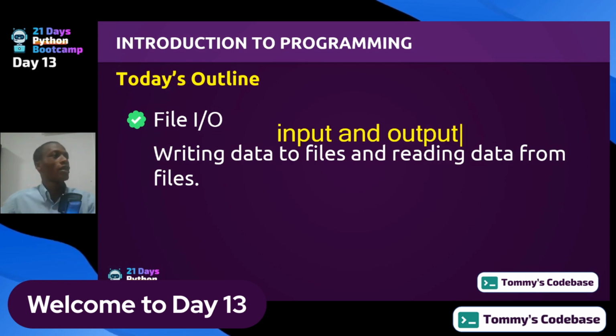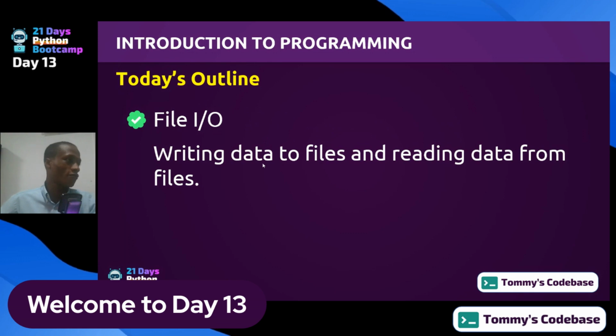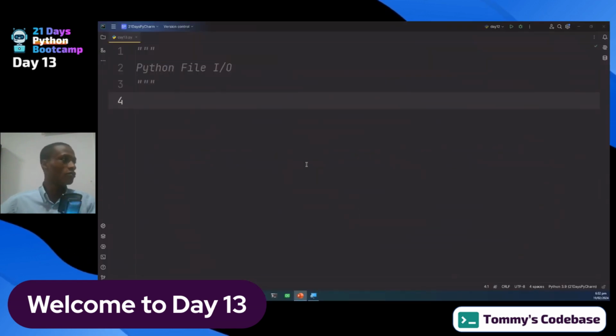So that is how we will say something like this in programming terms. IO for short. And that is how we write data to files and read data also from files. So how we can get the contents of a file or how we can write our own content to a particular file. So let us get into Python and then see how we can do that.